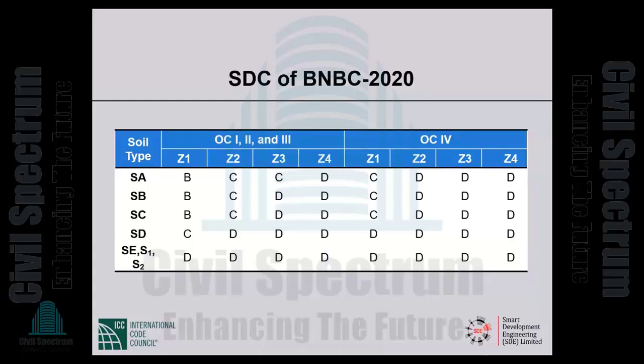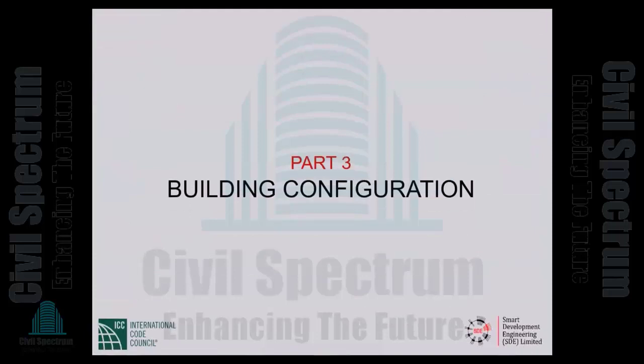Take the worst of the two. It is given to you and you see that the categories are B, C, and D. There is no A, there is no E or F. So this is the table in BNBC 2020 that will give you your seismic design category depending upon the soil type, the zone, and the occupancy of the structure. Okay.